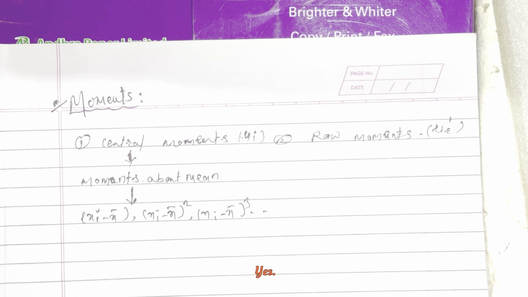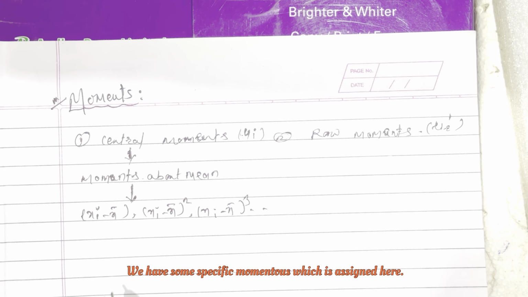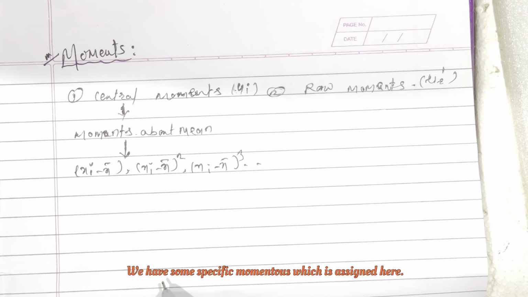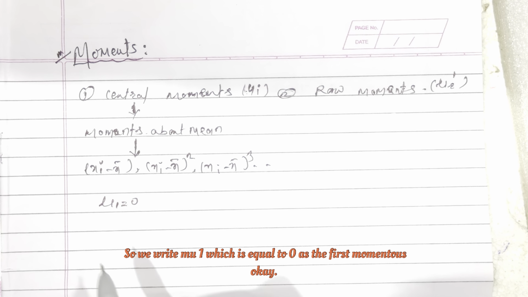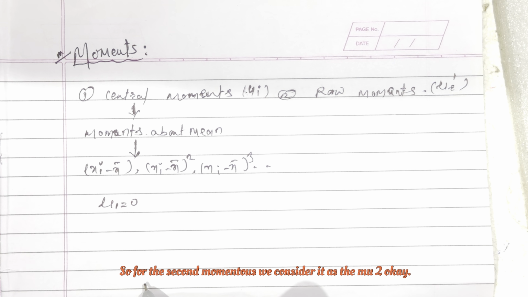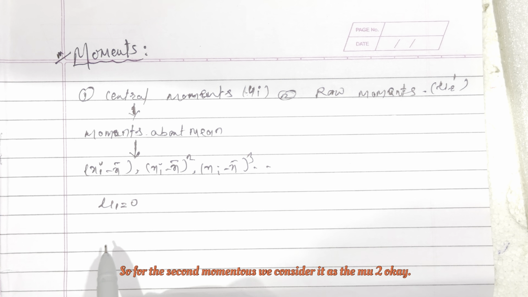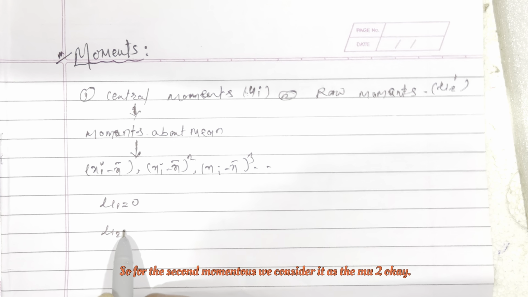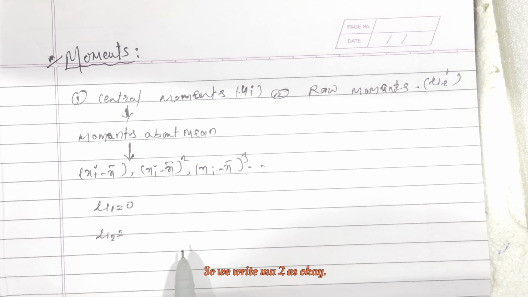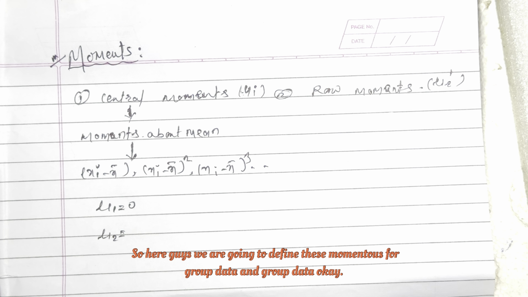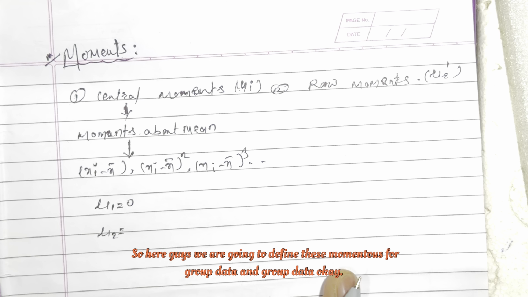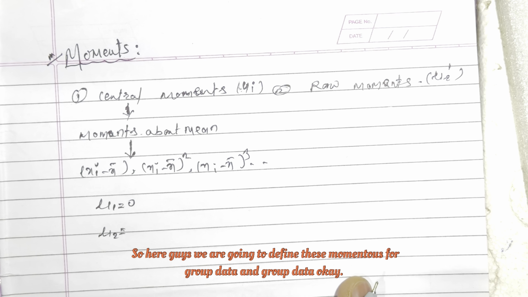Let me write the moments. We have some specific moments assigned here. We write mu1, which is equal to 0, as the first moment, and for the second moment we consider mu2. Here we are going to define these moments for grouped data and ungrouped data.